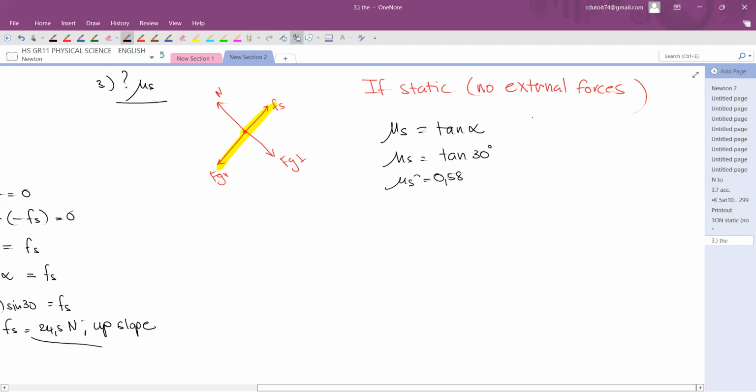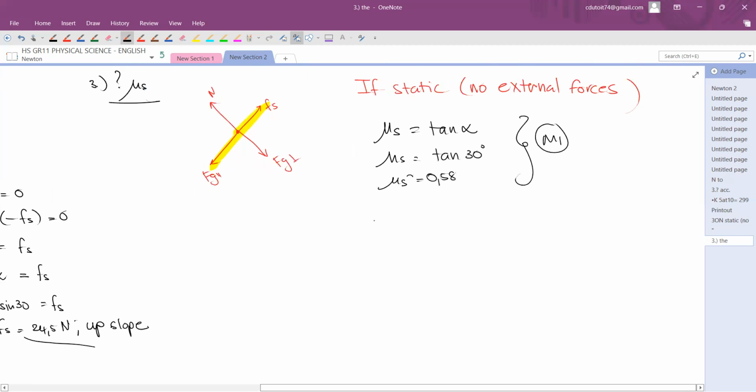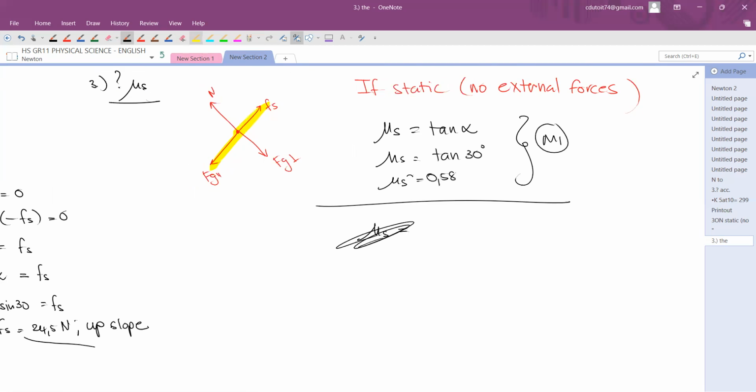Okay, this is method 1. And I wouldn't recommend that really, because you have to remember that and you feel sort of insecure. The best way is method 2. The coefficient of static friction is what? Let's use the formula first, otherwise we lose marks.